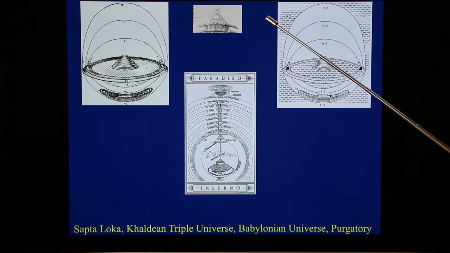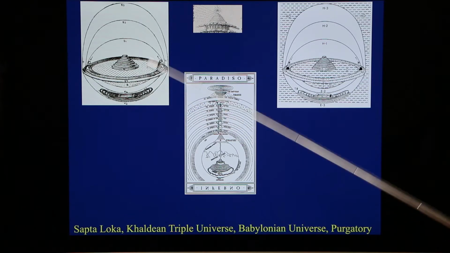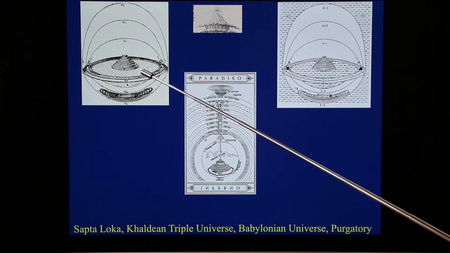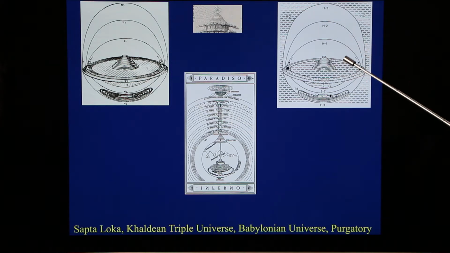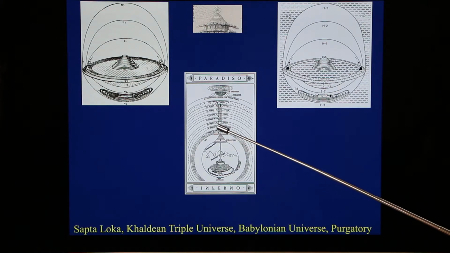Yes? This is the Chaldean model of the universe. So there's the Saptaloka. This is the Babylonian universe, Saptaloka. And here is the purgatory of the Christian system, Saptaloka copied, without the copyright sign.